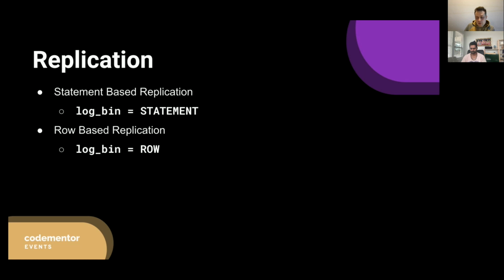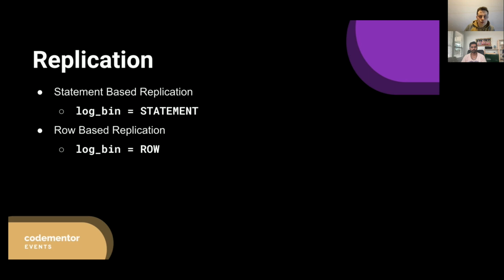In MySQL, you can have two types of replication. MySQL can write statements to the binlog. So you will set up the binlog format configuration option as statement. It means that for every transaction, MySQL will basically write almost the same SQL as you type in the console or your application sends, with one exception.